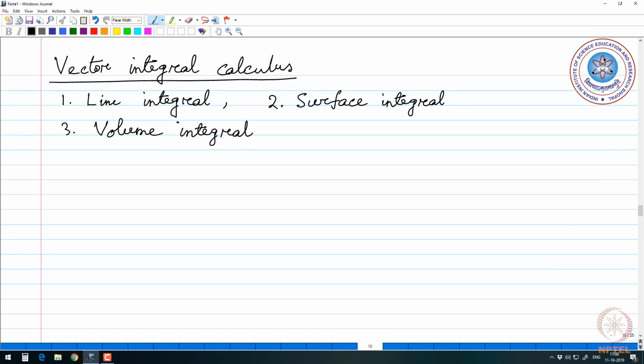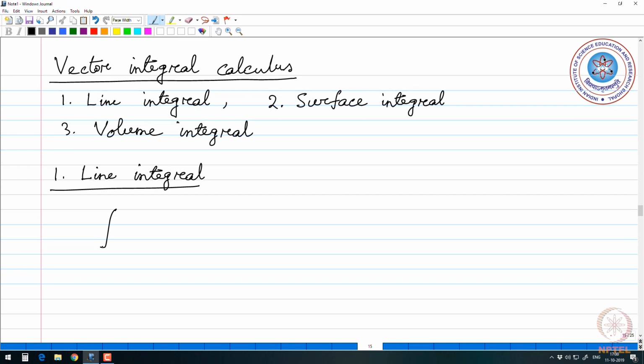Let's start with the first one, that is line integral. As the name suggests, this integral is performed over a line.